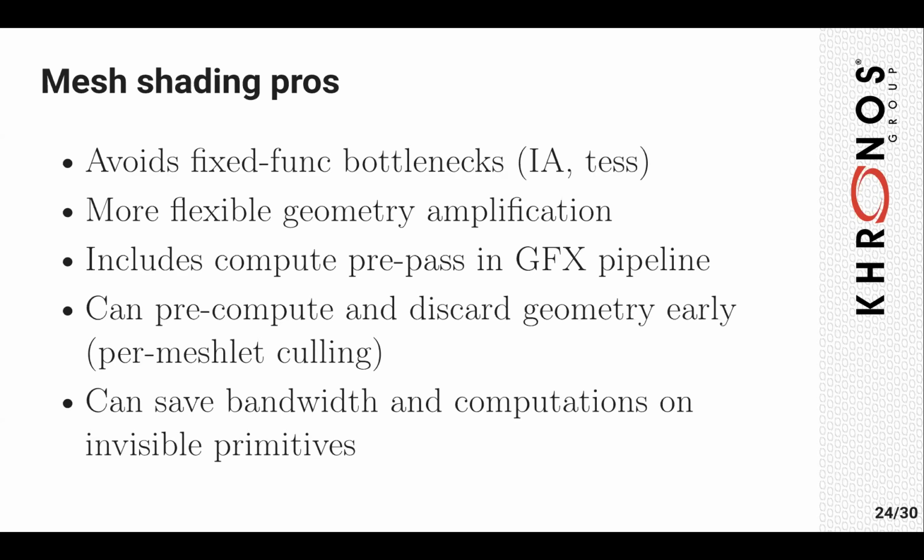And basically, you can think about the task shader as including a compute prepass in your graphics pipeline. It's not exactly that. It's more efficient than that, but as a mental model, you can think about it like that. And as a consequence, this approach can allow you to pre-compute and discard some geometry early. And therefore, it can also save you bandwidth and computations on triangles which are actually not going to be visible.